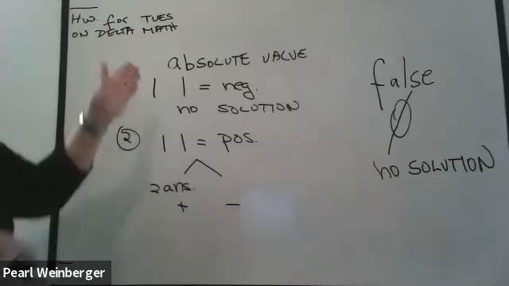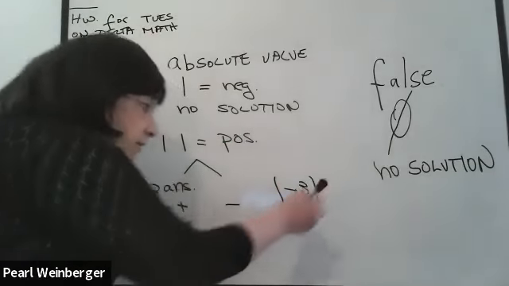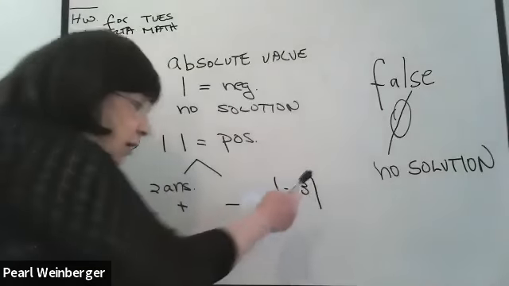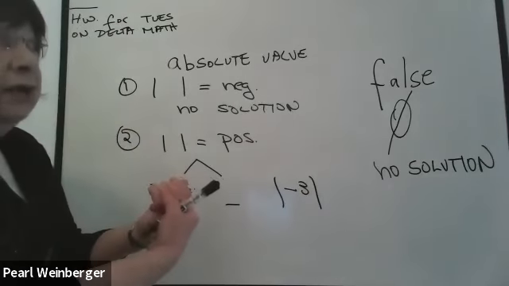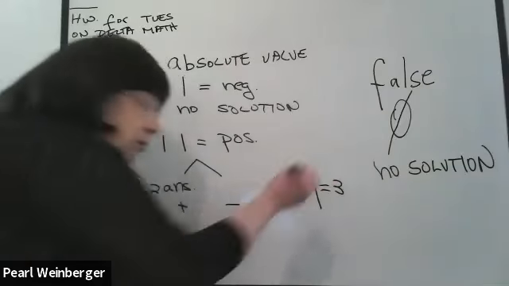Just like we saw, we could have a negative 3 inside an absolute value sign. The only thing is, after I work it out, my final answer can't have a negative. So if you have a negative number inside the absolute value, when you work it out, it has to be a positive number.